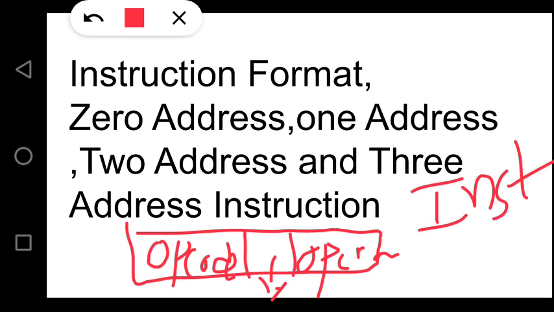The storage unit, as you know, is divided into two parts: secondary memory or secondary storage, which is permanent but slow, and primary storage, which is temporary but fast.